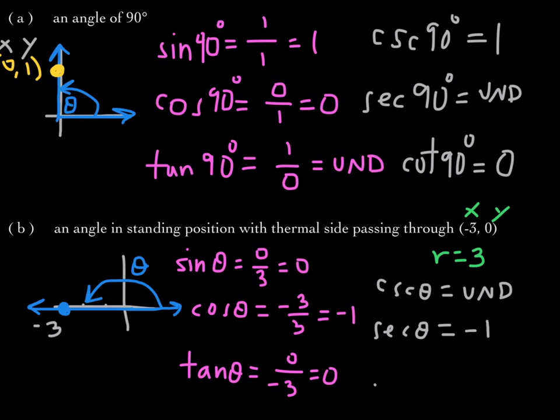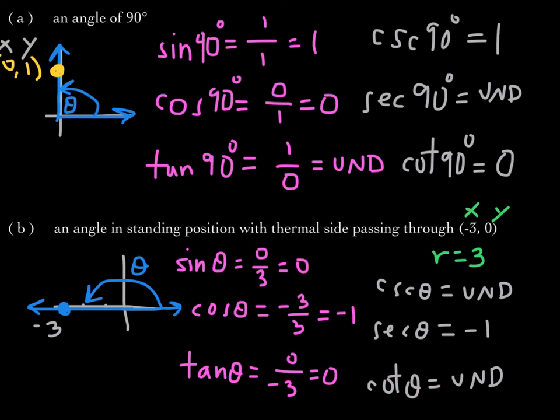And then finally, cotangent of theta will be the reciprocal of tangent of theta. Remember, it's x over y. Negative 3 over 0, right? So turn this over. Negative 3 divided by 0, that will be undefined. Please notice again that we're talking about a quadrantal angle in this example. Part A is a quadrantal angle, part B is a quadrantal angle, and all of your answers are 0, negative 1, or undefined.